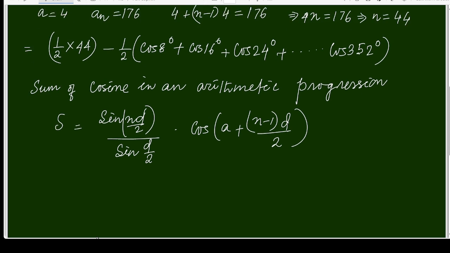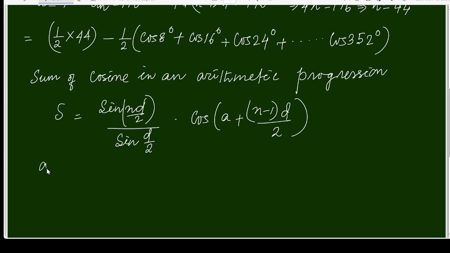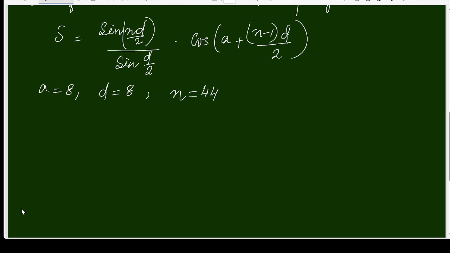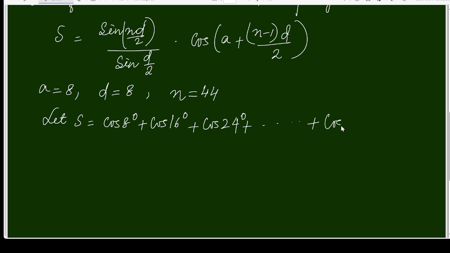This is the formula. For this particular series, a is equal to 8 because it is starting from cos 8 degree. d is again 8, the common difference is 8, since 8 is added, and n is equal to 44, which we have already calculated. So let's put it in the formula. Let s equal cos 8 degree plus cos 16 degree plus cos 24 degree up to cos 352 degree.